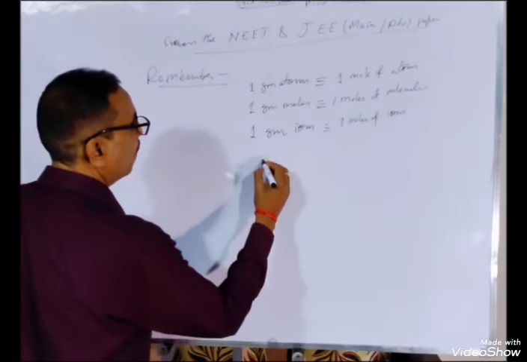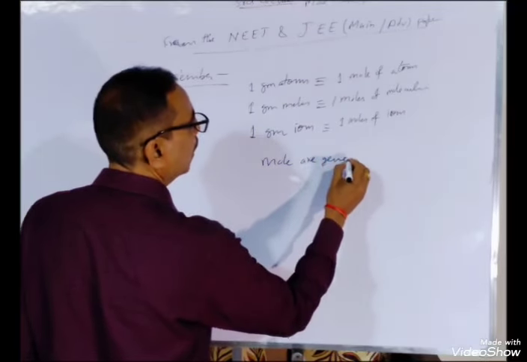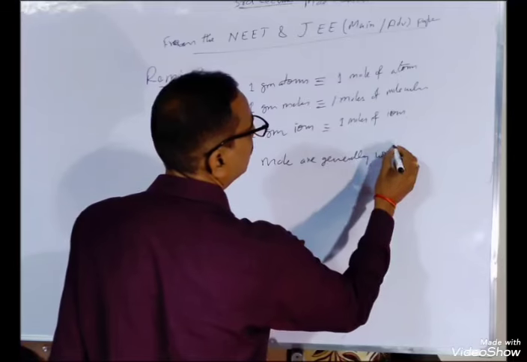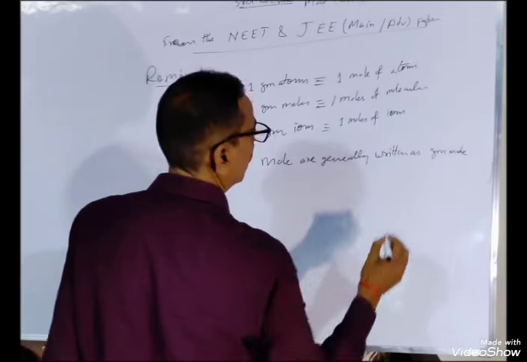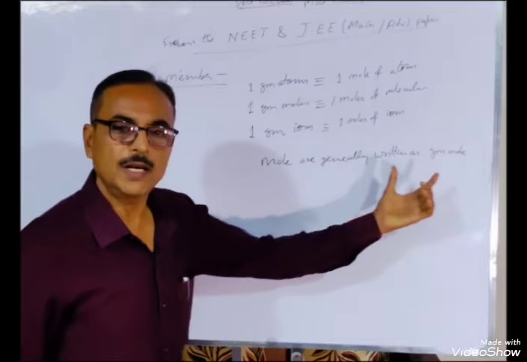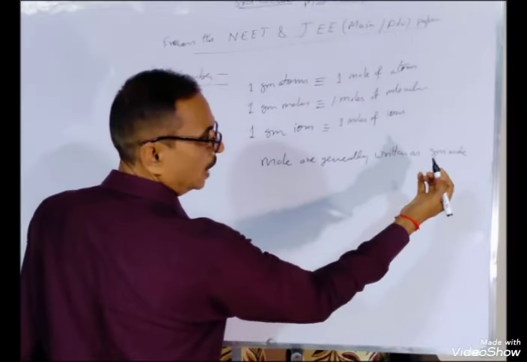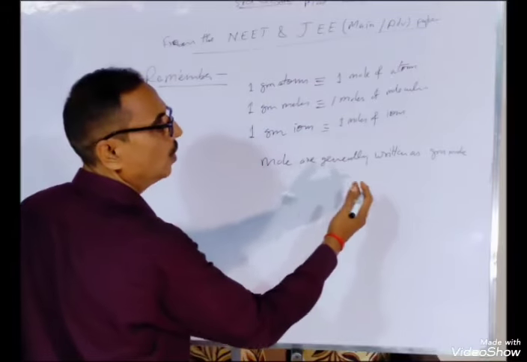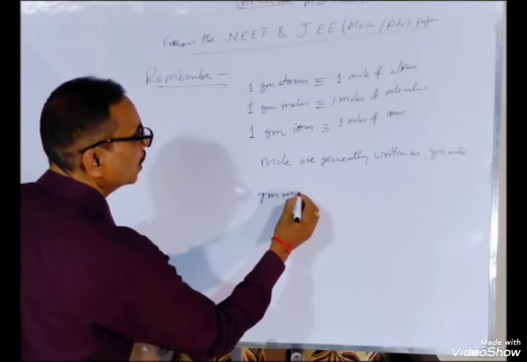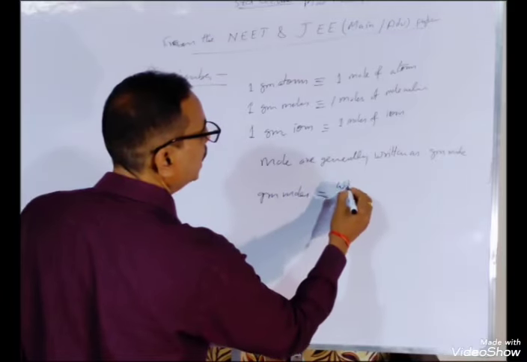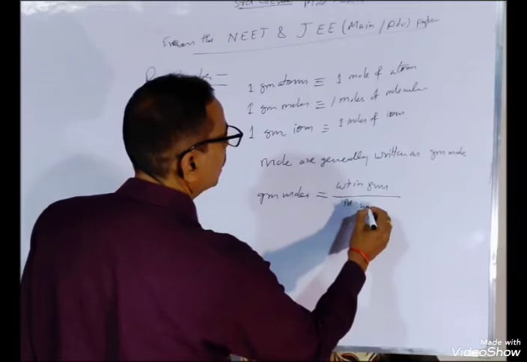Similarly, moles are generally written as gram moles, but this notation is not very accurate, because sometimes moles are defined in terms of pound moles, kg moles, or millimoles. So the correct abbreviation: gram moles equals weight in grams divided by molecular weight.